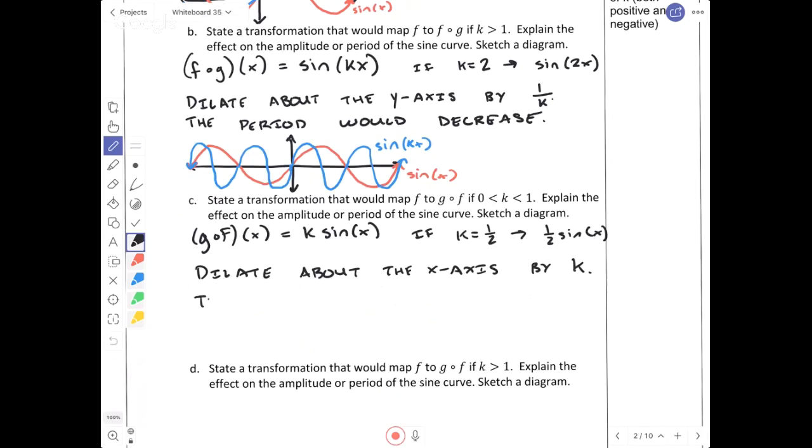And the amplitude would decrease. Okay, we could even say 2k. Because the amplitude would just equal k in that case.